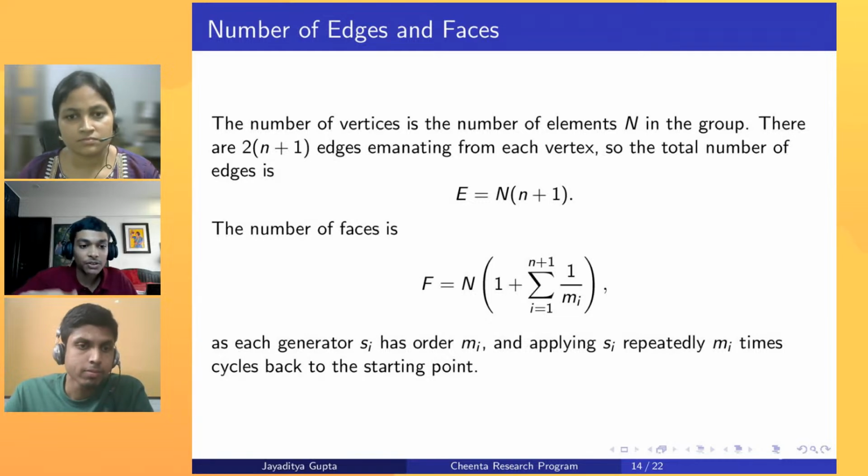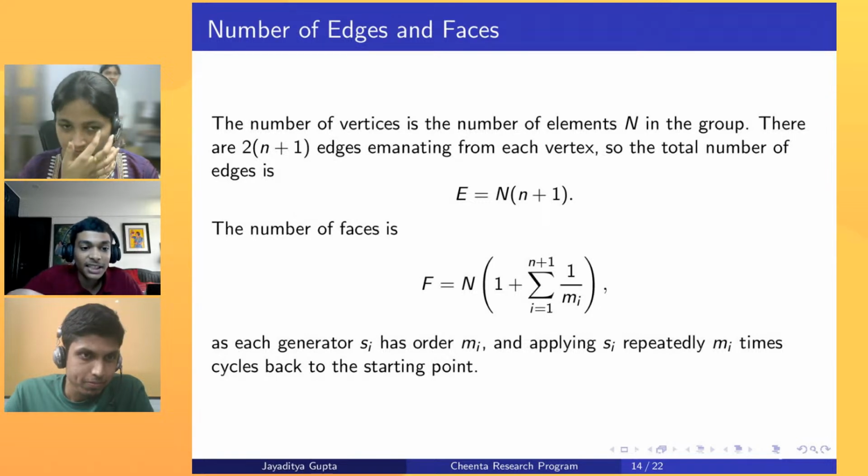And this is true for each of the n+1 vertices, which is why the degree at each vertex is 2 into n+1. Now there are capital N different elements in my group. So the total sum of the degrees would be 2 into capital N into n+1. And that's why the number of edges, which is half the sum of the degrees, is half of 2 times capital N times n+1, which is just capital N into n+1.